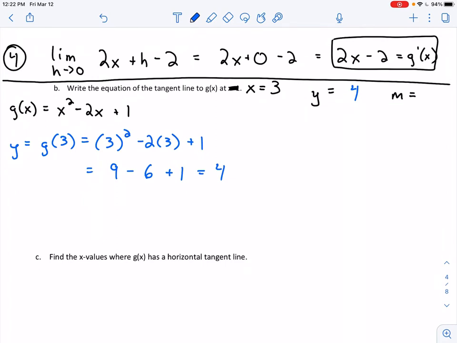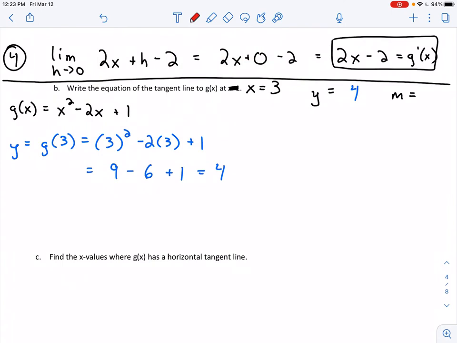The only thing I need now is my slope. Well, we want to find, in particular, the equation of the tangent line. And if I want the slope of the tangent line, well, we said that was one of the big interpretations of the derivative. It's one of the reasons why we care so much about the derivative. So if I want to find the slope of the tangent line at x equals 3, I'm going to take the same x value, x equals 3, and this time I'll be plugging it into my derivative, g prime of x.